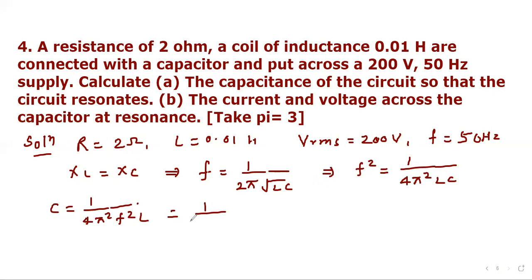We put the values. 1 upon 4 into pi is 3. So this is 9 into frequency square, that is 50 square, times L, inductor 0.01. So this will give 1 upon 900.